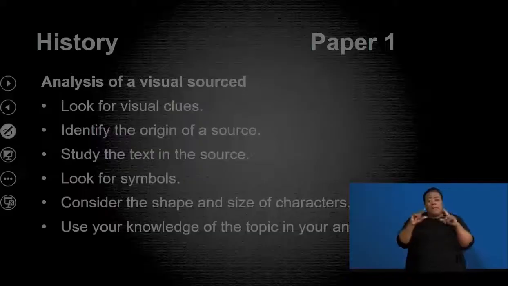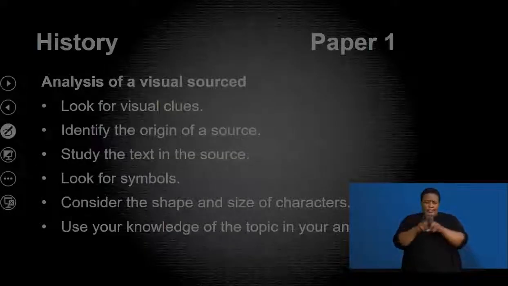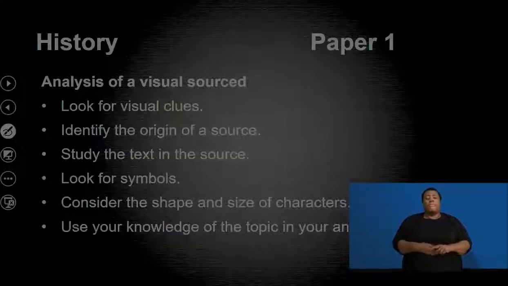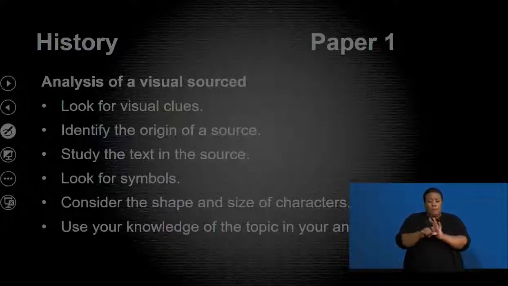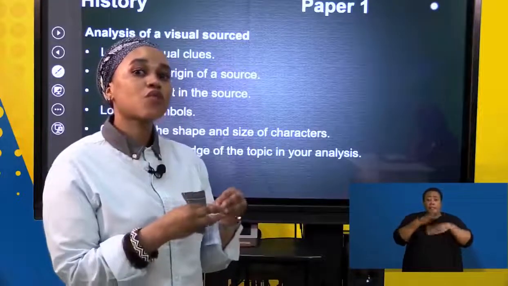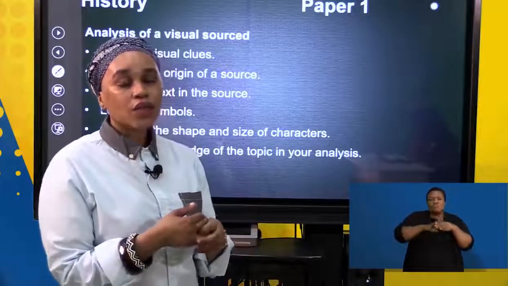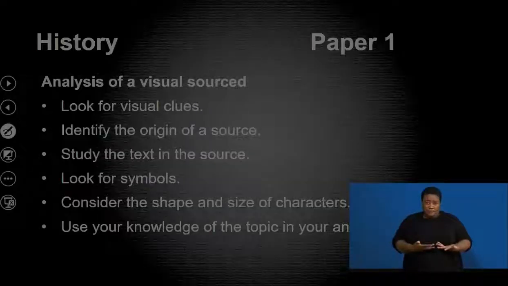Another thing is you have to identify the origin of a source. Just like we did with the textual source, it's very important to know who wrote the source and when it was written, and sometimes they can even give you the reasons why that source was made. You need to study the text in the source.